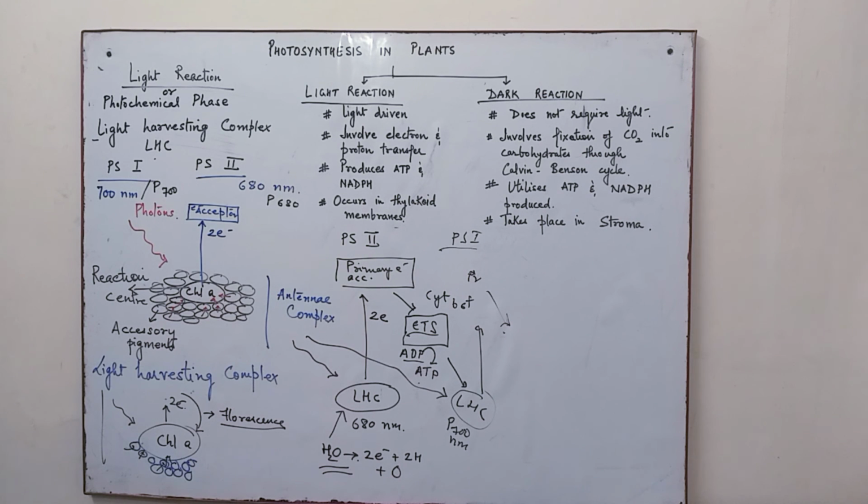So this completely covers the PS1 and PS2 system of the light reaction, which are very important and produce the ATP and NADPH, which are then utilized as an energy source for the dark reaction, or for the fixation of carbon dioxide into carbohydrates.